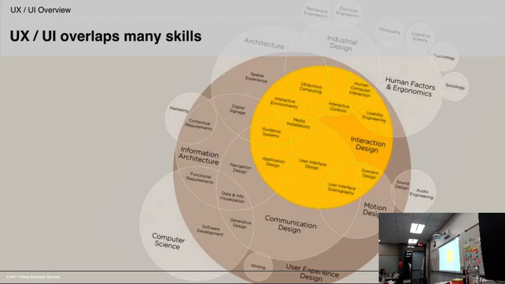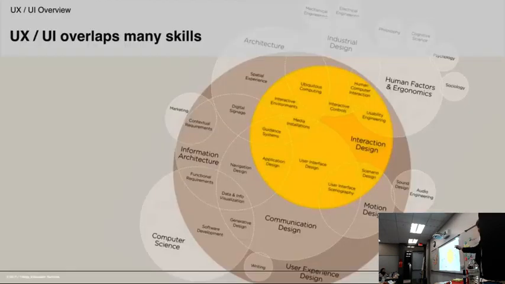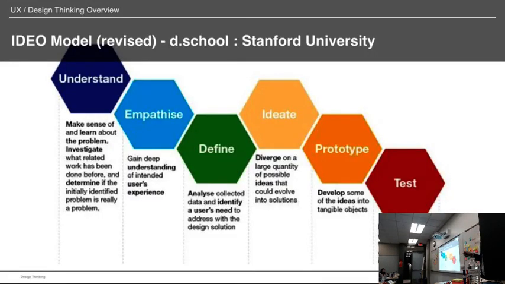But the overlapping skills at their core drive along one thing, which is they're fundamentally underpinned by design thinking. That's why we had this discussion around design thinking and design, right? Now, design thinking is a methodology that we will be going through this class a few times. This is the IDEO model, which is kind of, they were the pioneers at some point.